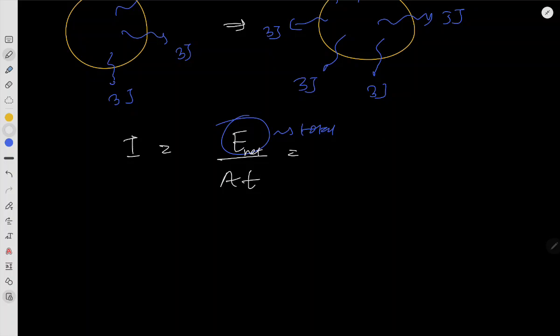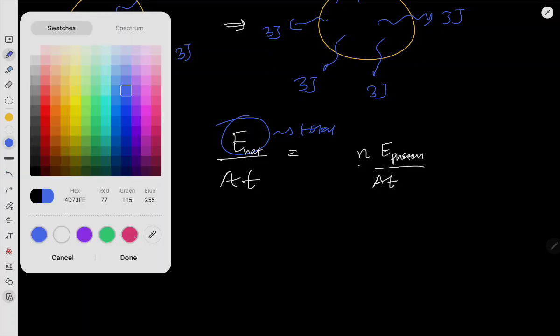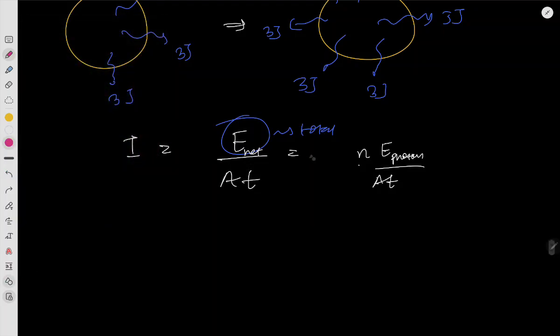So now we can write it as N times E photon upon A times t, that is number of photons times energy of one photon upon area times time. Yes, this is the correct thing. So please have a note of this because it is helpful here and there sometimes.